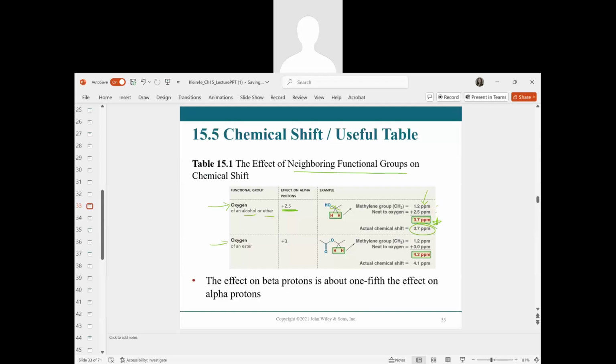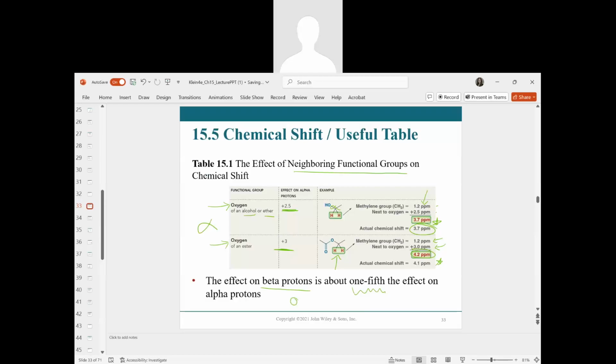But we can see here with the oxygen of an ester, we add 3.0 to these protons, also in a methylene group. So we start with 1.2, then we add 3.0, and we can see that our shift is still pretty close, but not exactly the same. And these are for alpha protons, but it's noted down here that beta protons would experience about 1/5 of the effect.